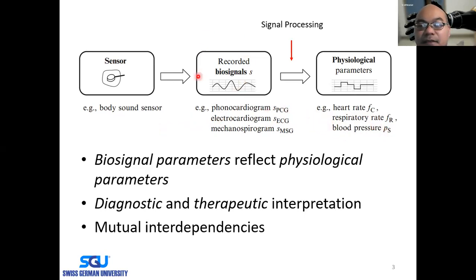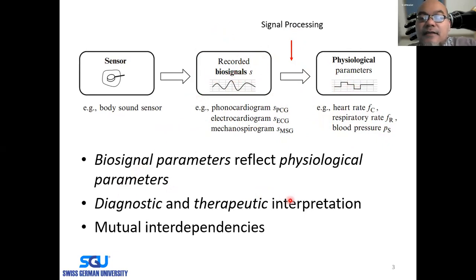So here, biosignals reflect the physiological parameters. All these different physiological parameters are embedded within the recorded biosignal. Using signal processing, we can derive these different physiological parameters from the recorded biosignal.